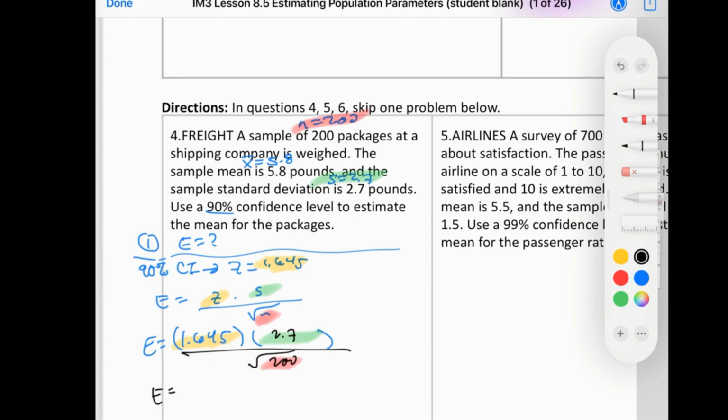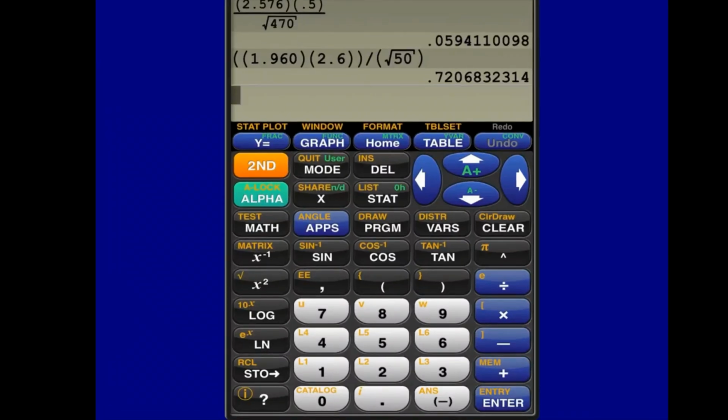Okay, so second enter, we had a 90% confidence interval, and a 90% confidence interval will give me, I'm looking for my chart at 90%, 1.645, and then our standard deviation was 2.7, and then our N value was 200.